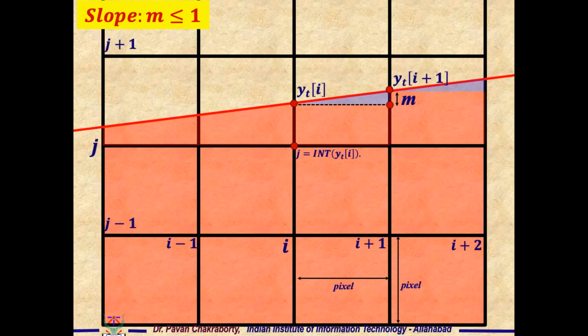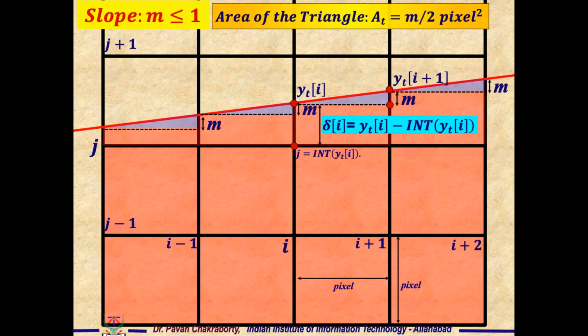So the height of this triangle would be m, and the base of this triangle is the width of the pixel, which is 1 pixel. Now if I have m in pixels, then I could determine the area of the triangle AT as equal to half of m times 1, which is m by 2.